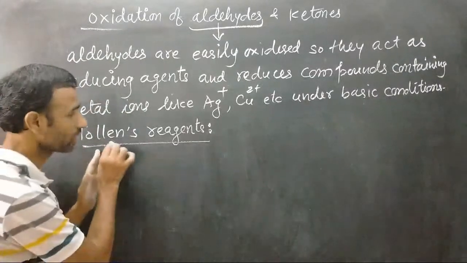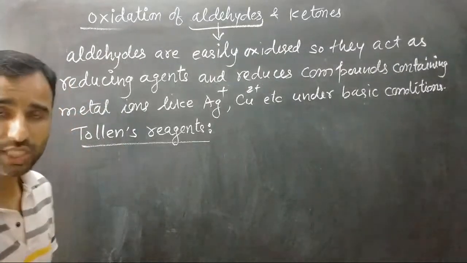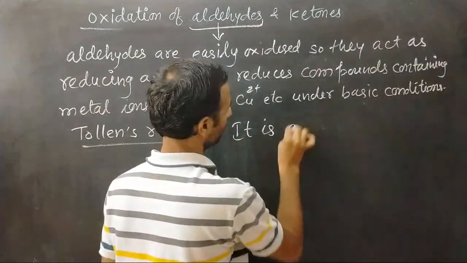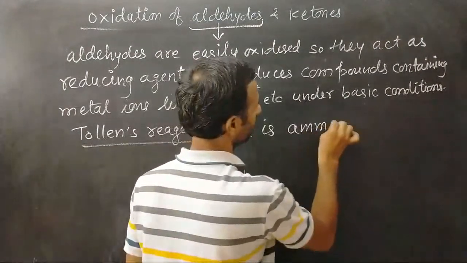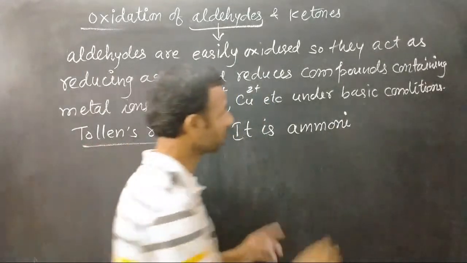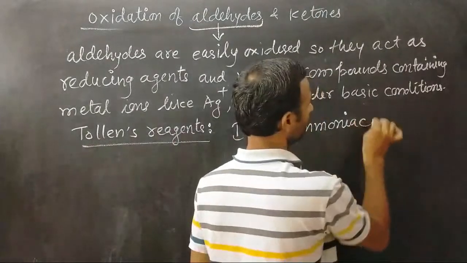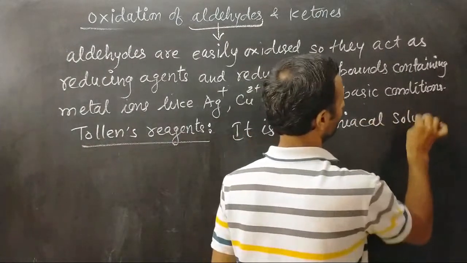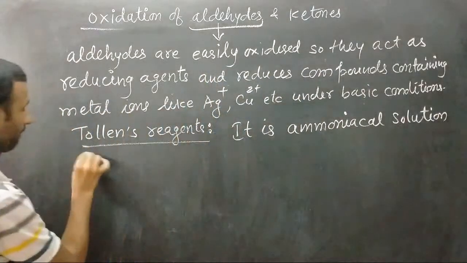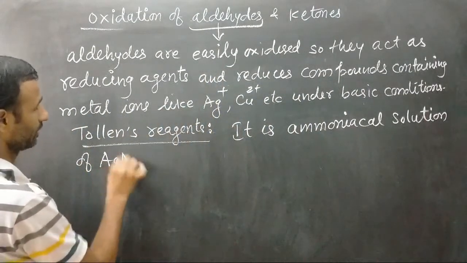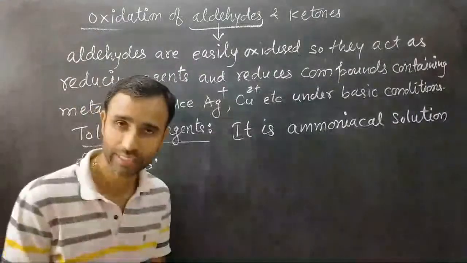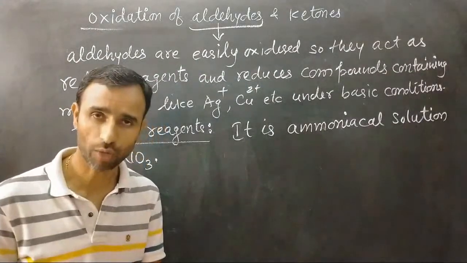First is Tollens reagent. So what is Tollens reagent? Sometimes the question is of 1 mark, what is Tollens reagent? So Tollens reagent is an ammoniacal solution of silver nitrate. How is it formed?